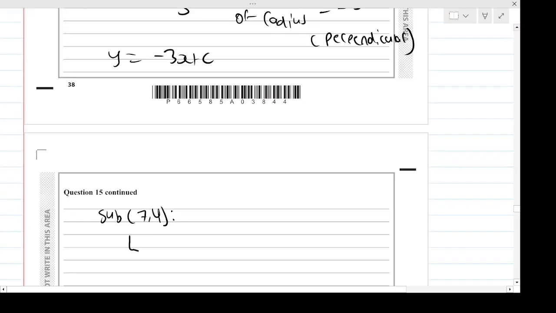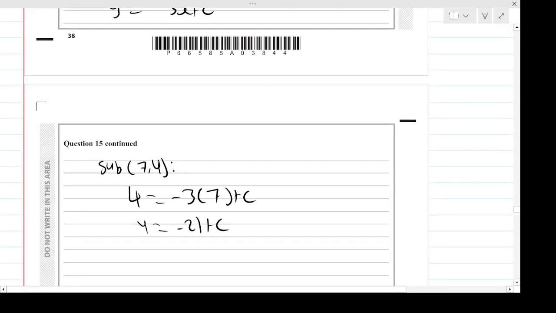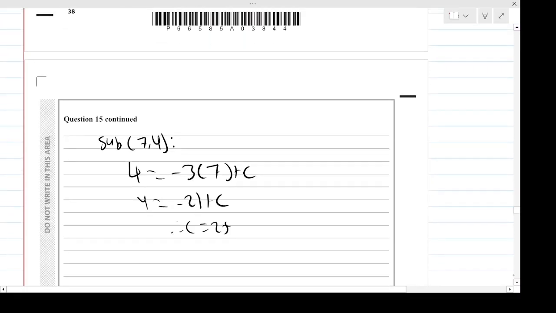So 4 equals minus 3 lots of 7, add c. So 4 is minus 21, add c. That means c is 25. And therefore my final equation is y equals minus 3x plus 25. And there we are. Cool.